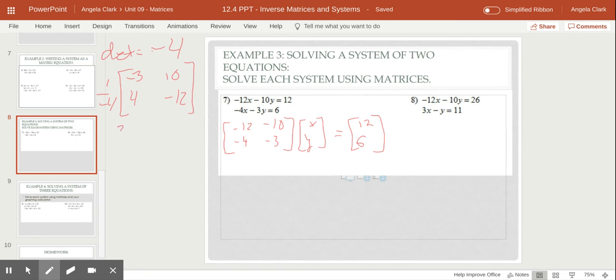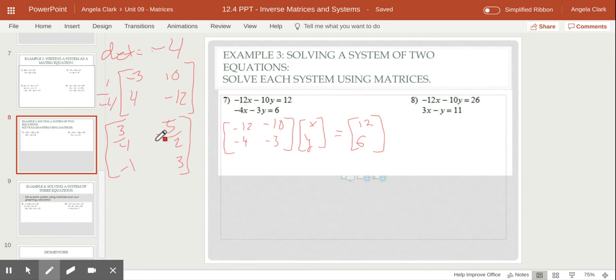So I have 3/4. 10 divided by negative 4 is negative 5 over 2, the 2 goes on the bottom. 4 times 1 over negative 4 is negative 1. Negative 12 times 1 over negative 4 is positive 3. So this is my inverse.